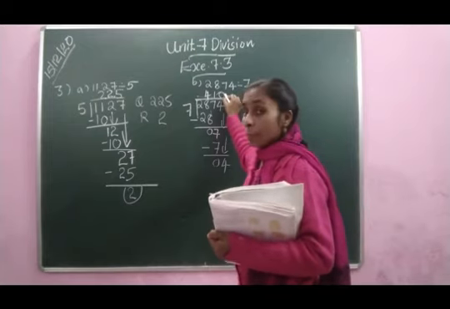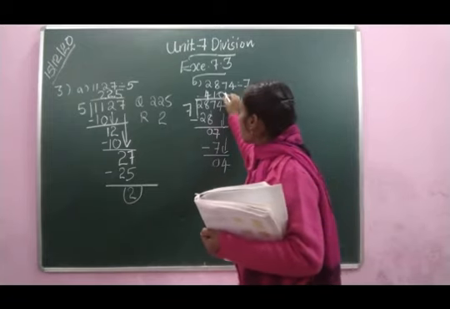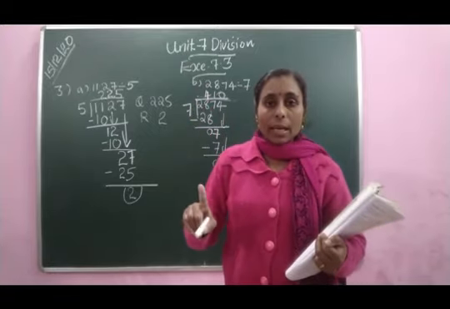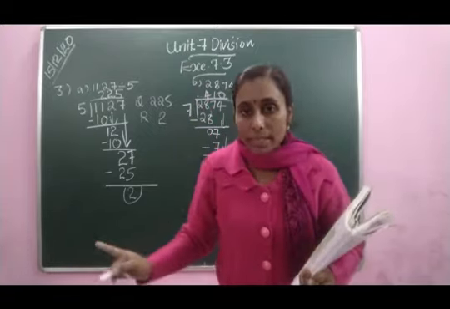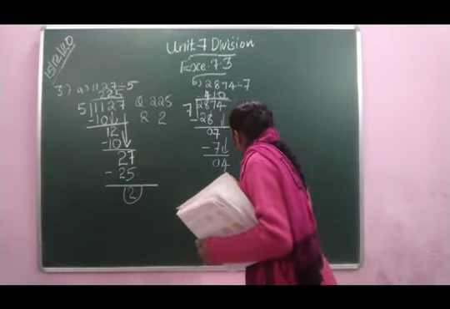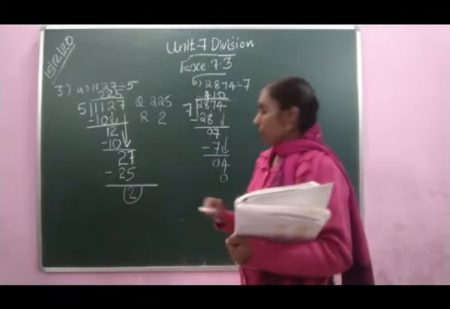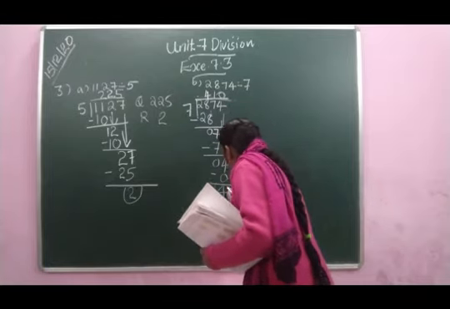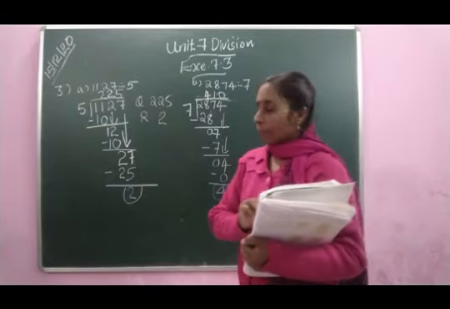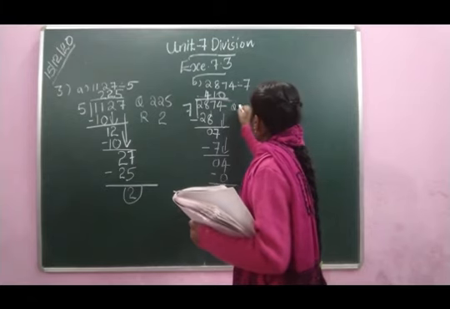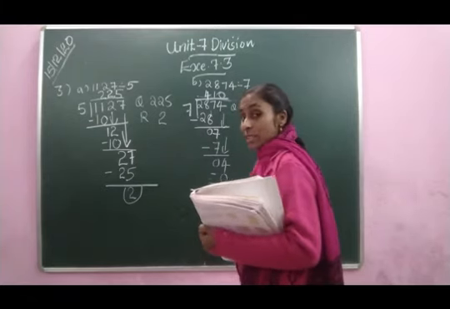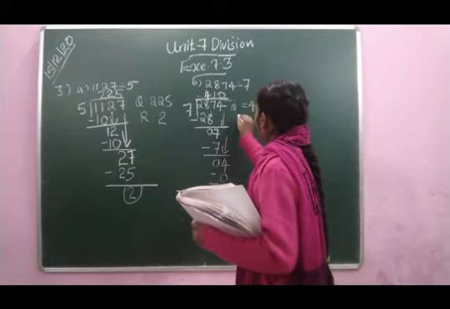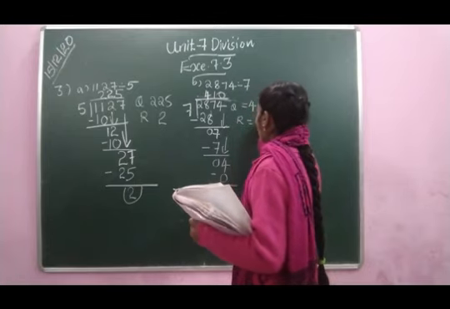The next step, multiplication: 0 multiplied by 7. Whenever we multiply a number by 0, we always get 0. 4 minus 0, 4. Now what is the remainder? This 4 is the remainder. The quotient is 410 and the remainder is 4.